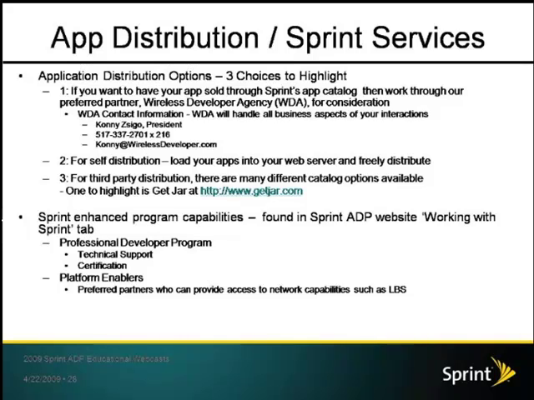So if you're trying to port your app from the Instinct platform to another Java platform, to an iDEN-based handset, or to Windows Mobile, or any of the software platforms that Sprint has, this program will provide enhanced technical support. The other thing we do is provide certification.